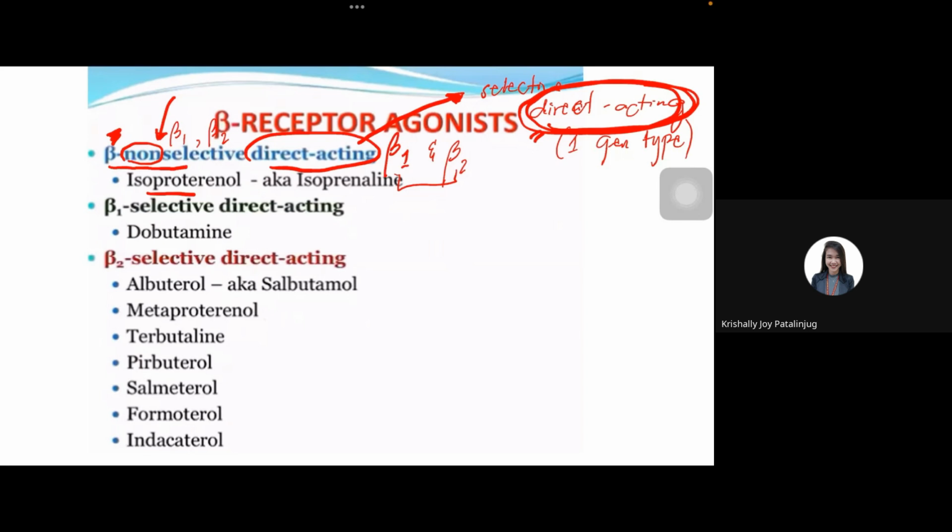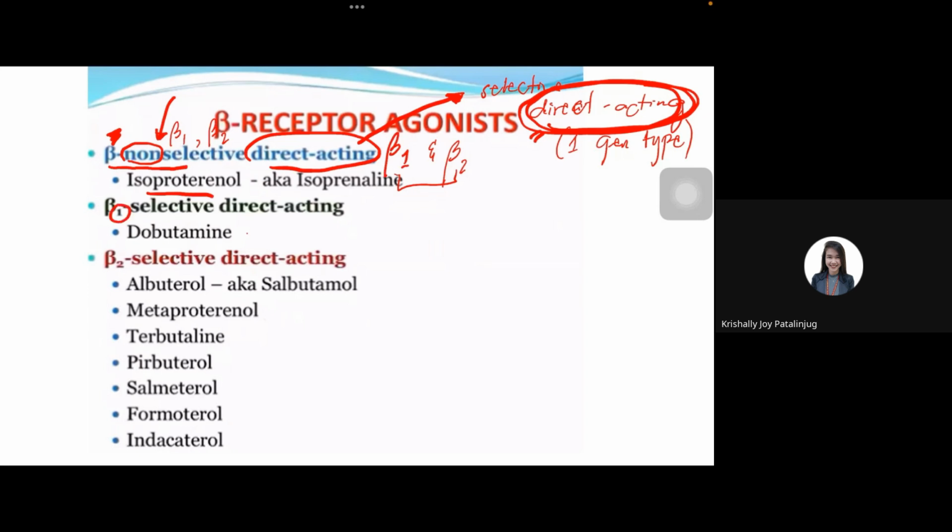Then we also have beta 1 selective direct acting. So kung beta 1 selective direct acting siya, it only activates beta 1 receptor. So isa siyang cardiac acting nga gamot, kasi beta 1 man ang iyahang gi-activate.